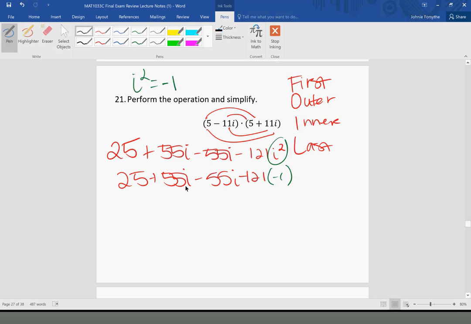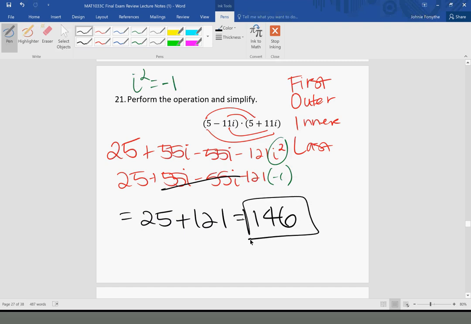So now, 55i minus 55i cancels out, and I have 25, and then negative 121 times negative 1 is positive 121. So now I just want to add up 25 plus 121, which will give me 146. This is super important when you're multiplying with i and you end up with i squared. You want to always change that i squared to negative 1.